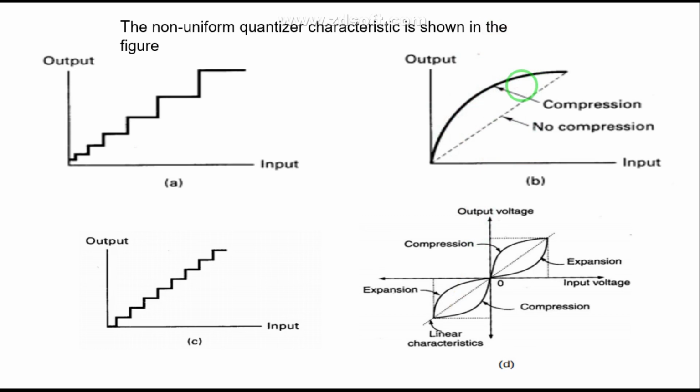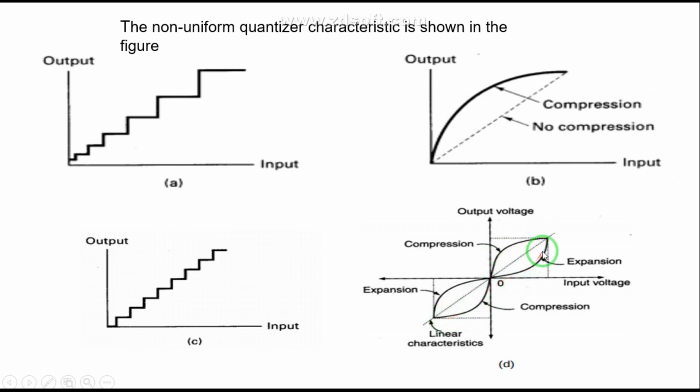And you can see this characteristic. From the figure, you can see it has been shown for positive as well as for negative. See how the compression takes place on the positive side, and this is your negative side.